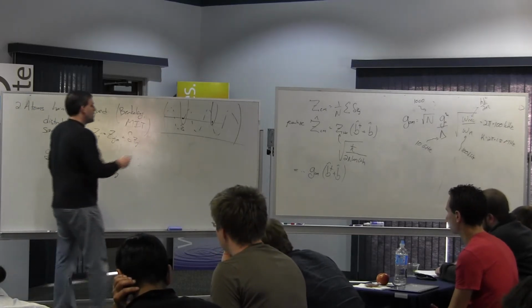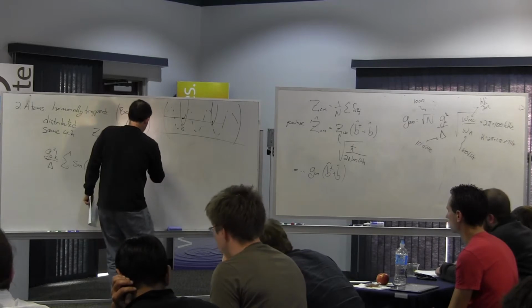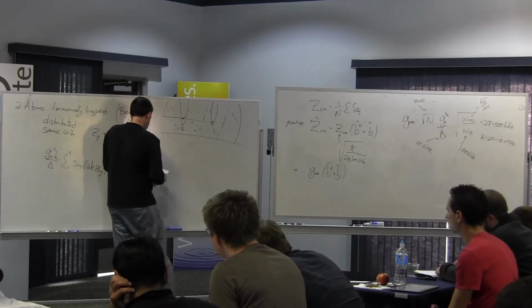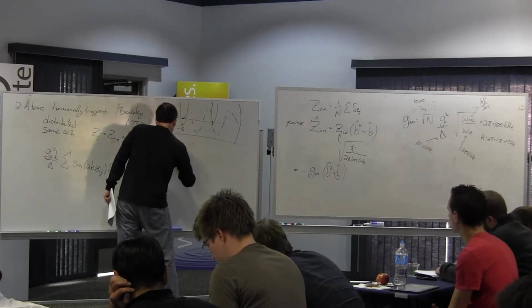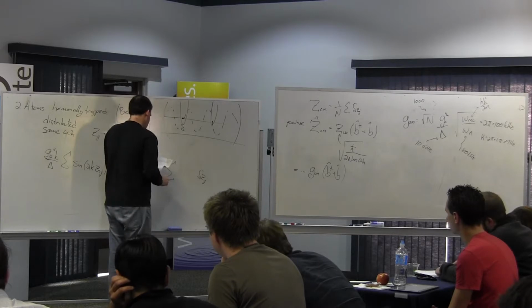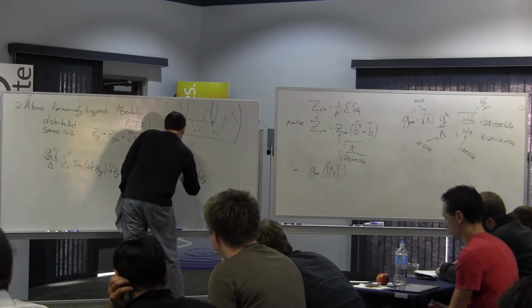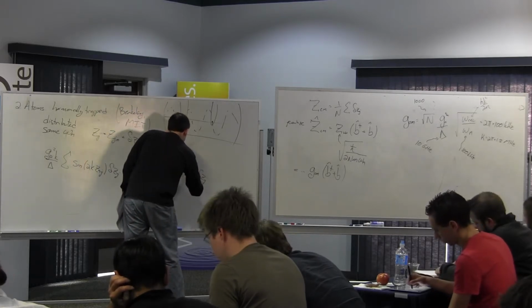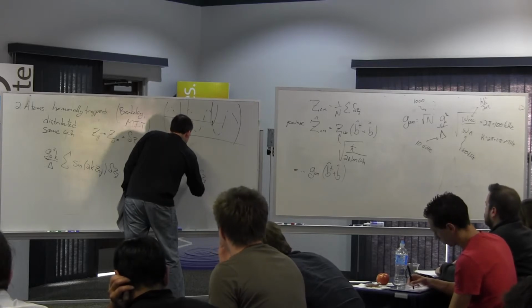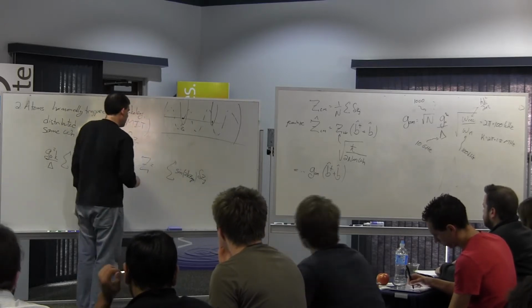So let me define, instead of the center of mass degree of freedom, a different collective variable, which is just going to be the positions of all the atoms away from equilibrium, but now weighted by this factor, which tells me how strongly coupled they are optomechanically to the cavity field.